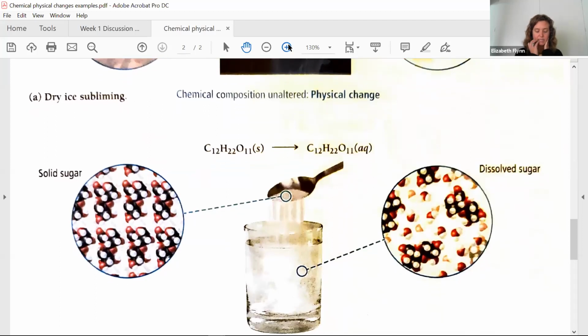What about this one? Is this sugar dissolving in water a chemical change or a physical change? Look carefully at the sugar molecules. Do they change or not? Sugar dissolving in water.